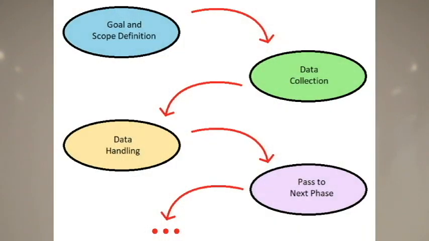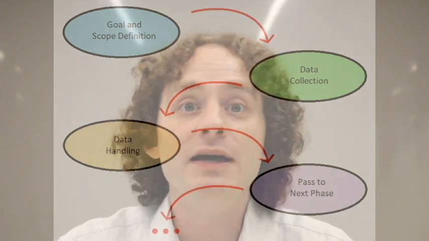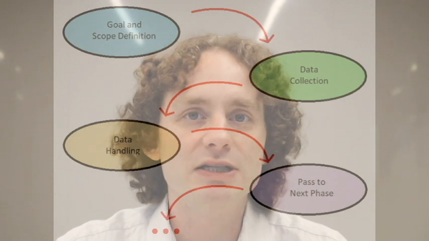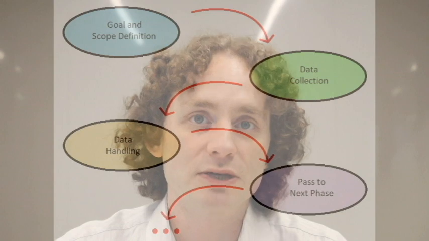So, after we've defined our goal and our scope, we move to the data collection, where we prepare for collecting data with a respective data collection sheet, and then collect and validate the data afterwards. This means making sure that it's comprehensive, complete, and representative of the goal and scope.